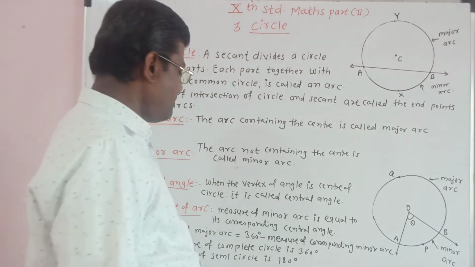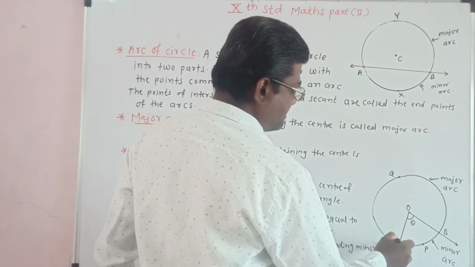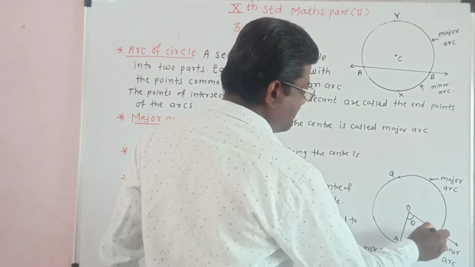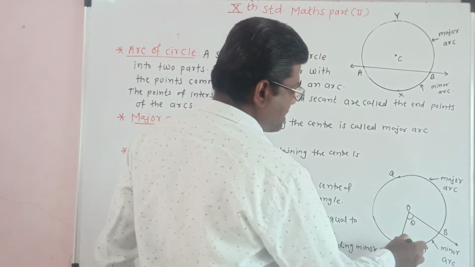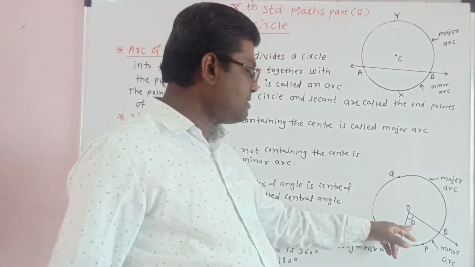Then the measure of an arc. This arc APB is a minor arc, and the measure of a minor arc is equal to the central angle.